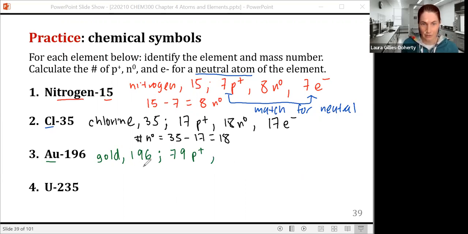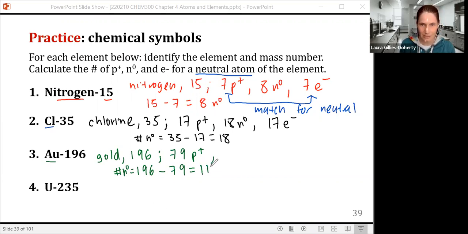We want to calculate the number of neutrons. We're given the mass number and we know the atomic number, so we take the mass number. This is all the protons and neutrons added up. Subtract out just the protons and that will give us the number of neutrons. So 196 minus 79.